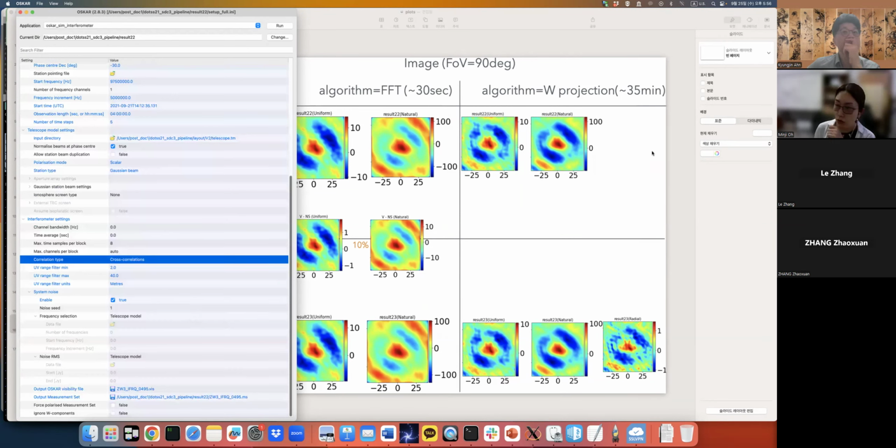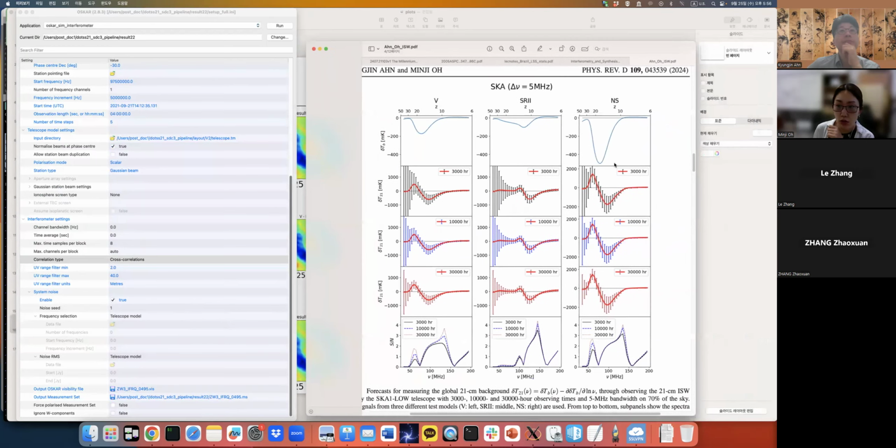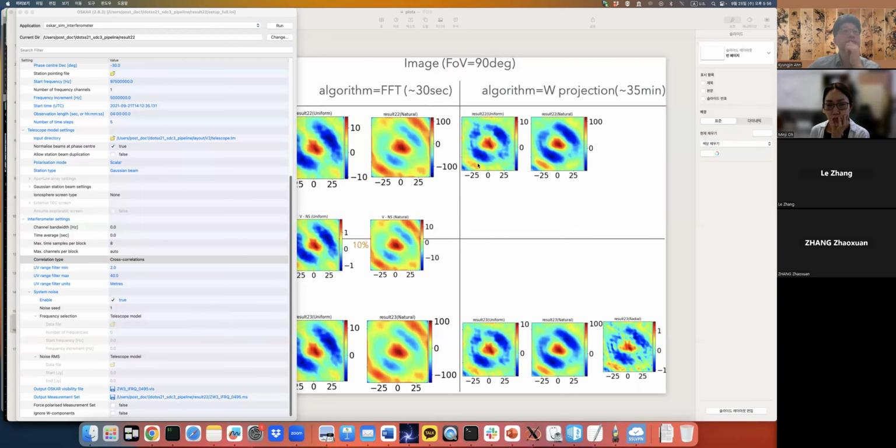So can I ask why you want to care about noise? Maybe you have something in your mind. I think, in this image, in your OSKAR simulation, because you only observe 4 hours, the noise is very large. Because in SDC3, they simulate 1,000 hours.